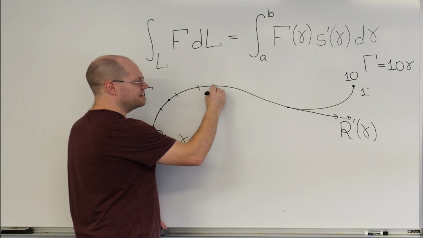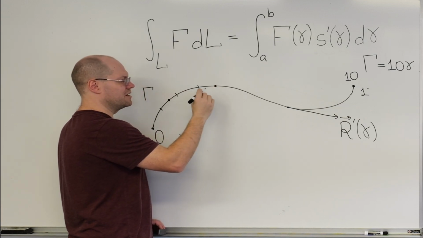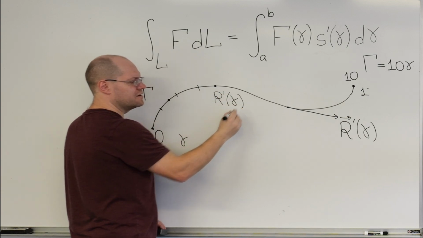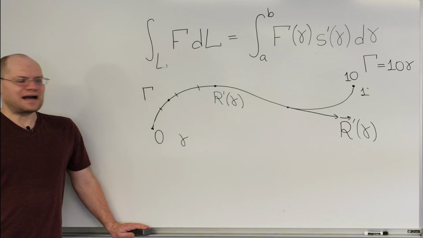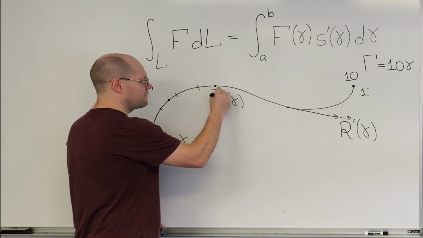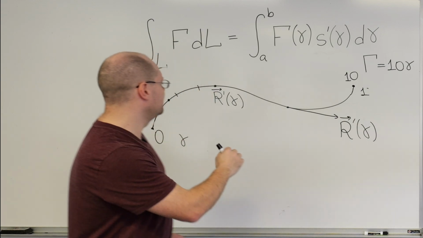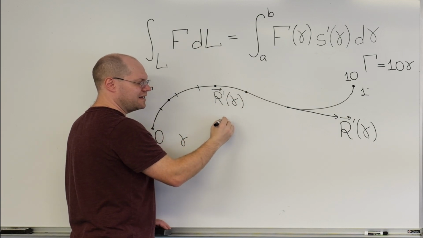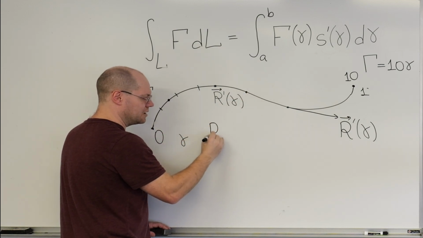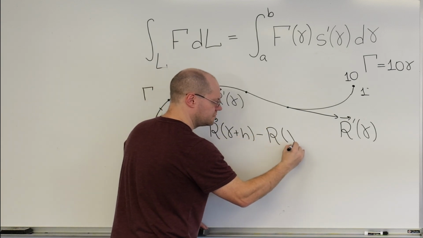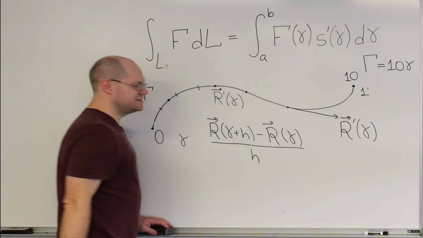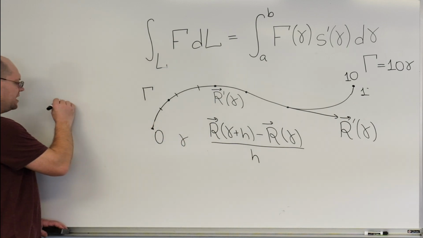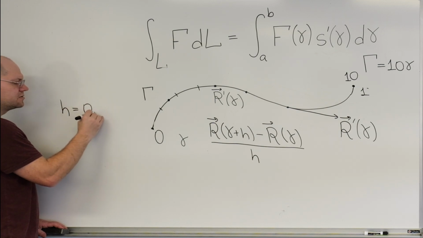So when we're evaluating r prime of gamma, how do we do this? It's a limiting process where we take an increment of h and we find this difference and then divide it by h and then take the limit as h goes to 0. So the picture is, let's consider h that equals 0.1.